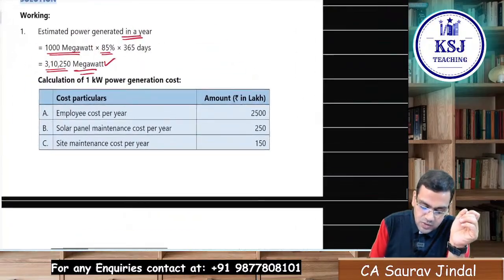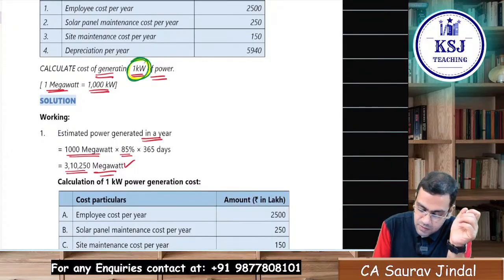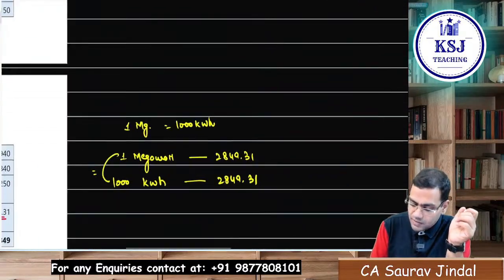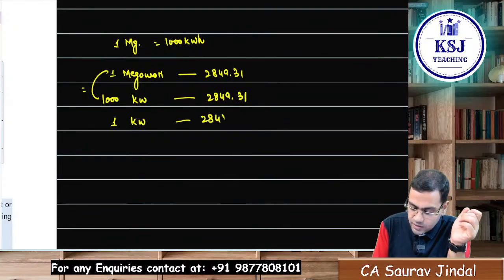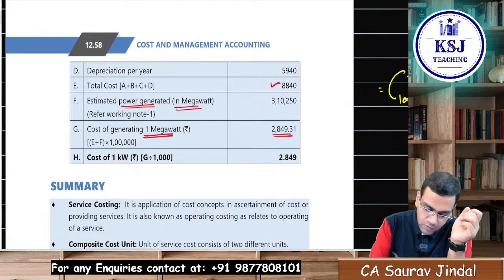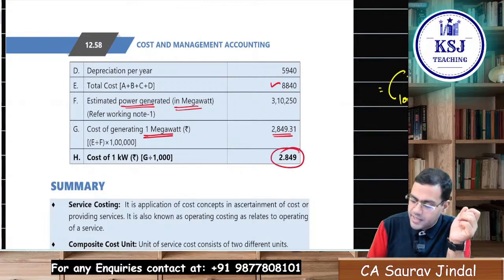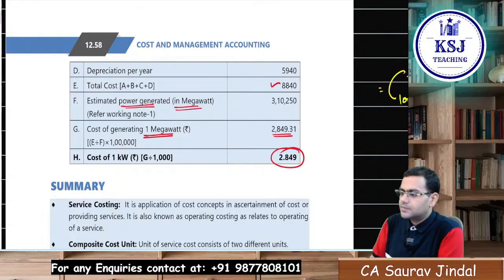Requirement of the question is what? The requirement of the question is cost of generating 1 kilowatt of power, 1 kilowatt, not hour. Right? So if 1000 kilowatt is equal to this, what will be the 1 kilowatt? That will be 2849.31 divided by 1000. Right? So cost of 1 kilowatt is 2.849. Is it clear?